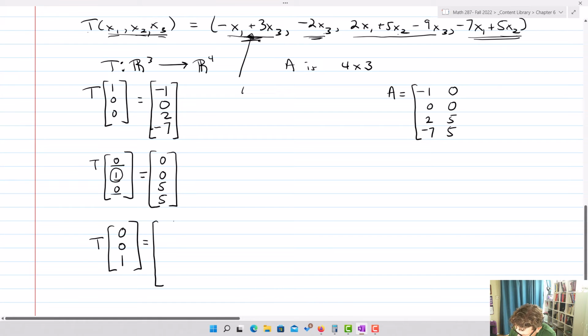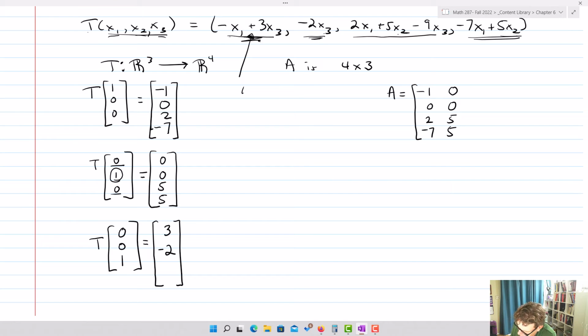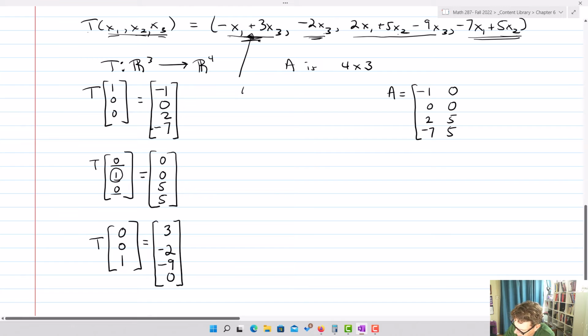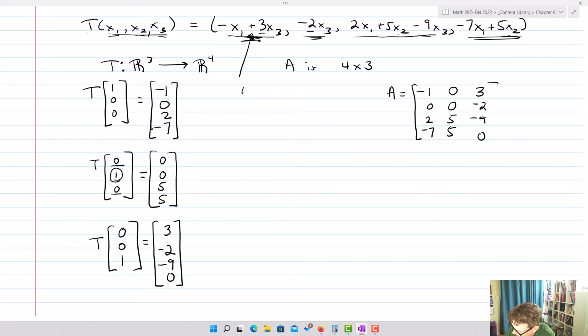It's going to end up being 3, negative 2, negative 9, 0. So we put that in there, 3, negative 2, negative 9, 0, and there's the matrix of the transformation A. Done. Couple things to notice here.